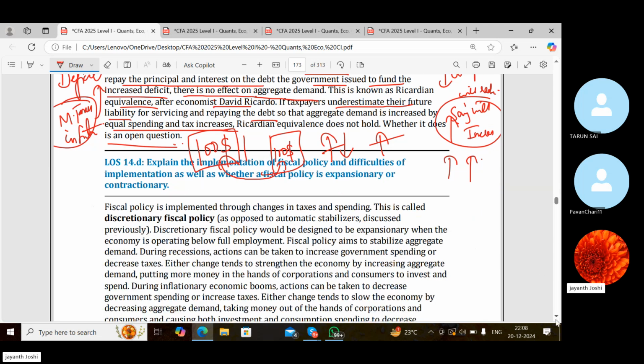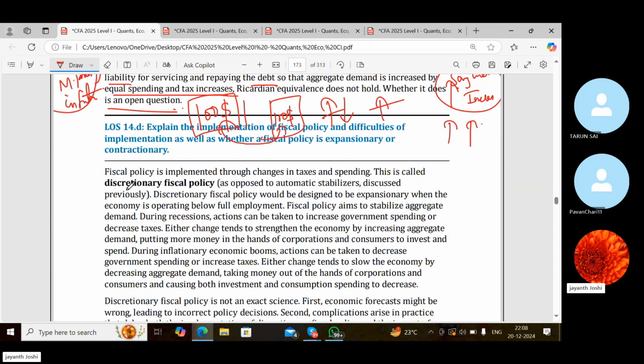So we have already discussed discretionary fiscal policy. This is nothing but the government changing its policies with respect to changes in the economy. If they want to spend very high amounts on infrastructure or capital projects, they can frame the discretionary policy. They can change their policies by increasing taxes.